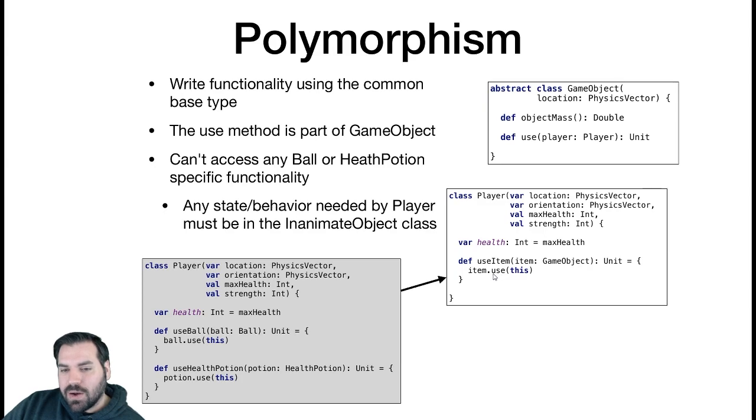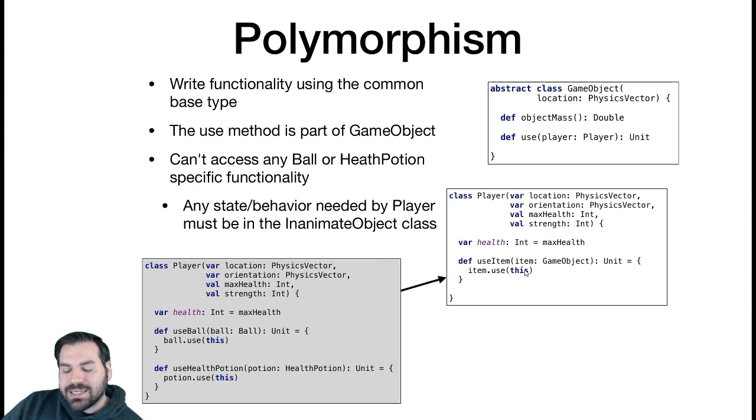So this method call will have different behavior based on the type of this item. And as long as that type extends game object, this all works and it's all valid code that's going to give us our functionality. And this is why we can scrap if statements.